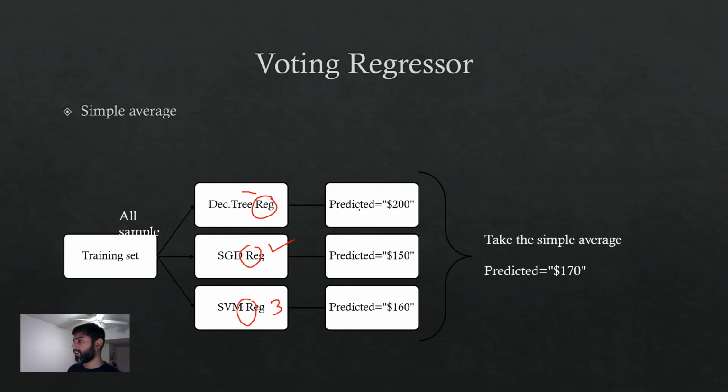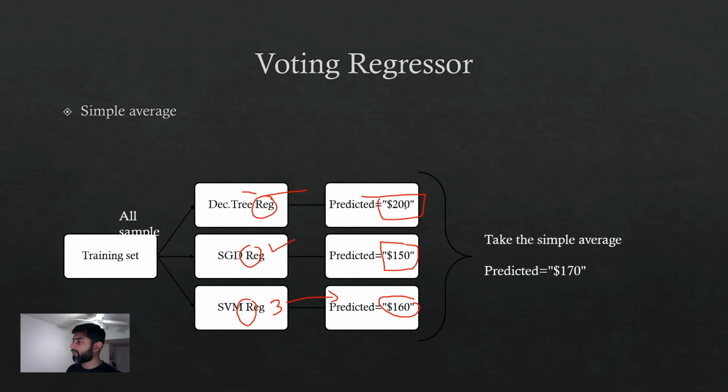Now, the decision tree predicted the value of your house to be, let's say, $200,000, while SGD, based on different parameters like locality, demographics, income, a bunch of different columns or features, predicted the value of your house to be $150,000. Similarly, support vector machine, based on some random columns in the data set, predicted your house to be $160,000.